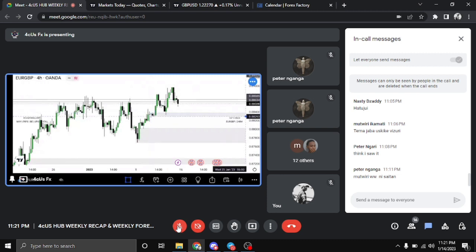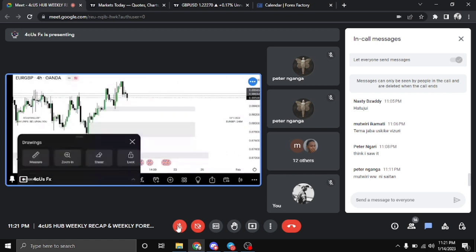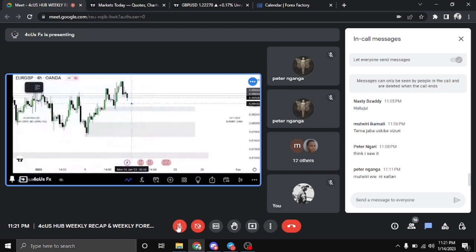Hii zone iko broken. If price breaks past this zone, because hapa hivi ni liquidity inalala hapa, hii demand ishakuwa mitigated, so price itakuja for a secondary retest or even for a third retest, but eventually this demand will break.